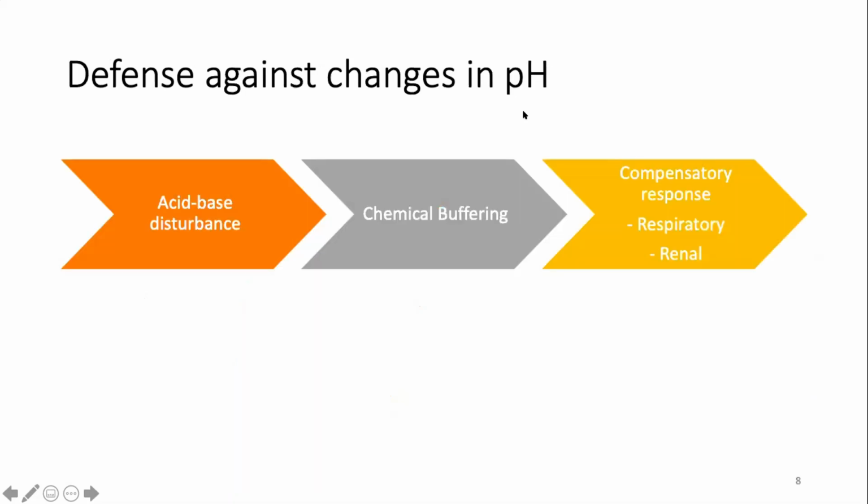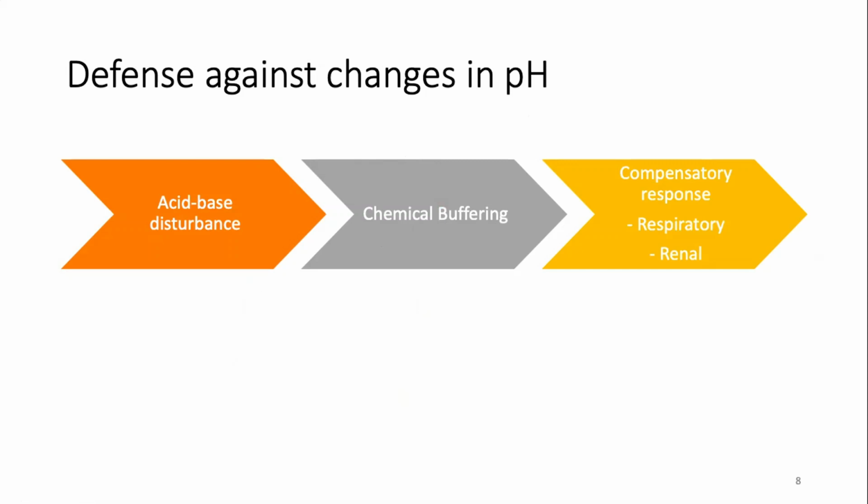Because our body needs to maintain that very narrow range of pH, our body also has its own defense mechanisms to resist these changes in the pH. So what are the defense mechanisms? The first one is chemical buffering in the body.